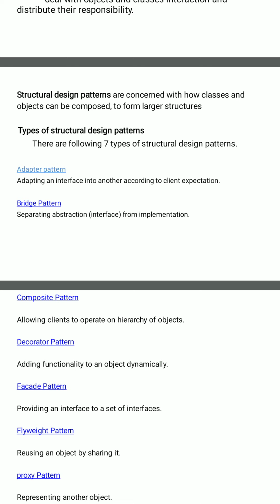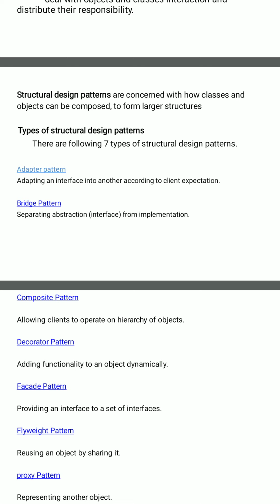Adapter pattern: adapting an interface into another according to the client expectation. An adapter pattern converts the interface of a class into another interface that the client actually wants. In other words, it provides the interface according to the client requirement while using the services of the class with a different interface.